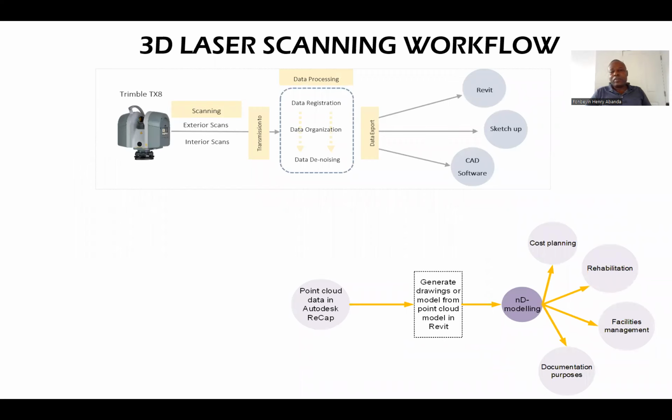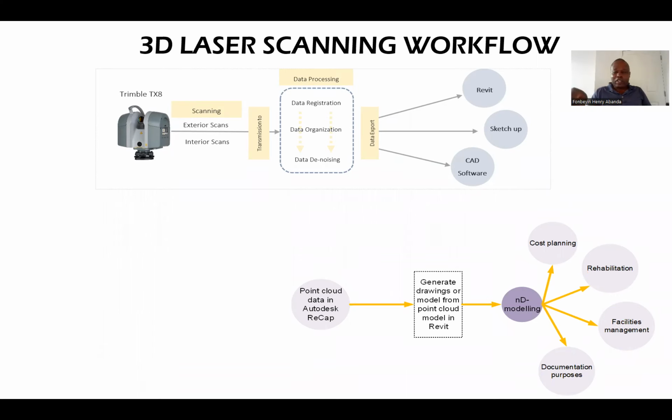And to simplify the workflow here, we get a scanner like a Trimble TX8, we scan our building, then we process the data, then we can now export into different software. We export the data into different software, be it Revit, SketchUp, or any CAD software.